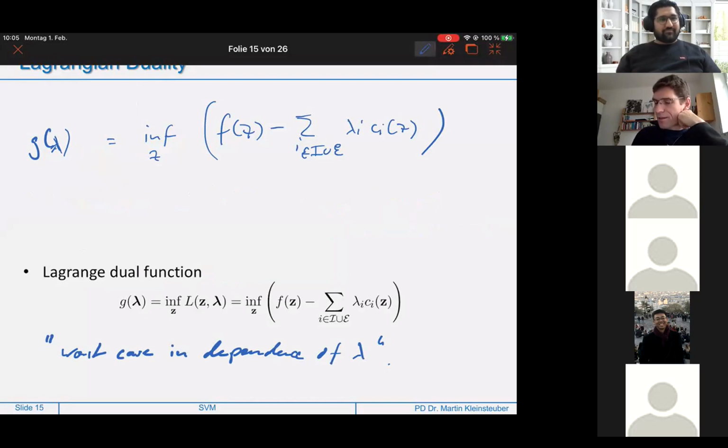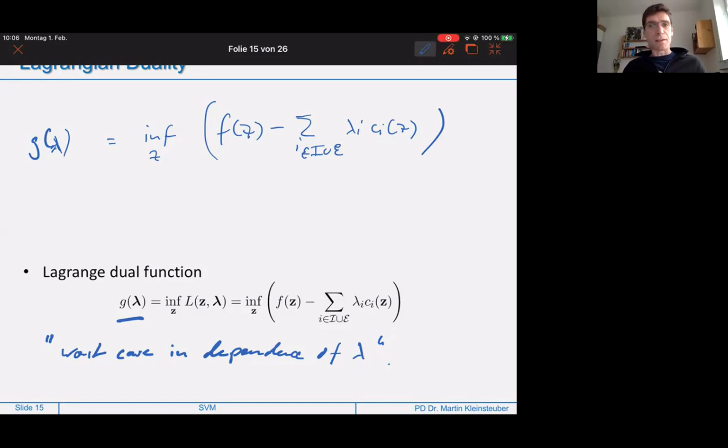We have this Lagrange dual function g of lambda, which is the smallest value of the Lagrange function over z. Sometimes, and this is also the case for the support vector machine, we will have a closed form solution for that g of lambda.